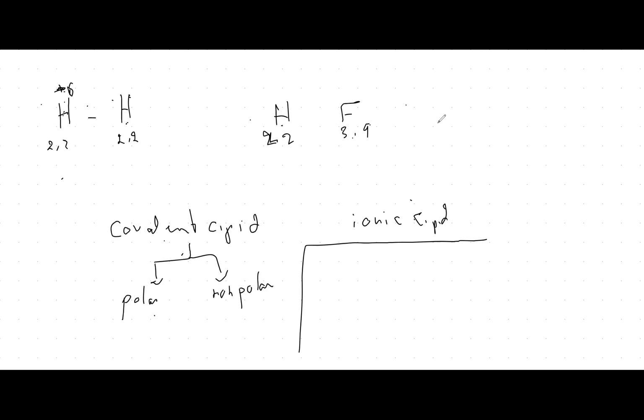Who gives more than the other? Is it this hydrogen or this one? Look at it. This is sharing by 2.2, this is the strength of it, and this is the strength of it. So sharing is equal here. They have equal sharing.